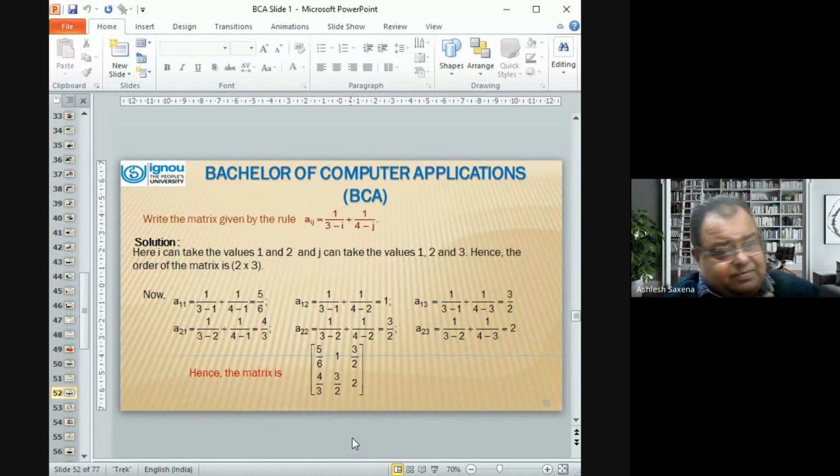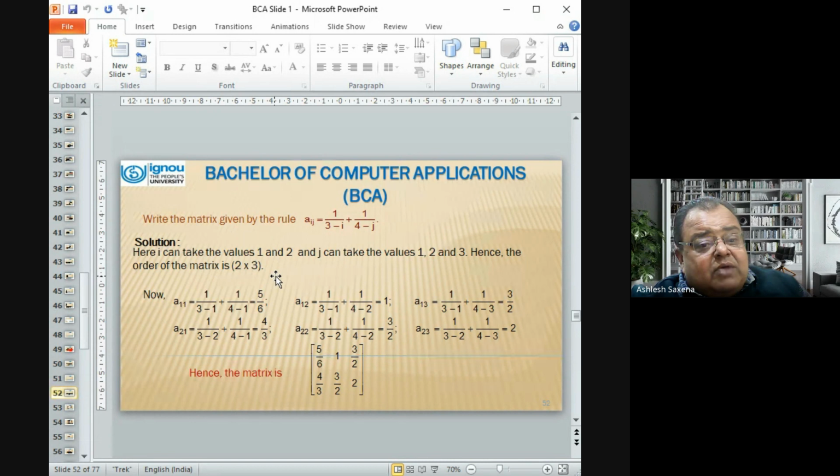Is that clear? Write the values of i and j in this and you will get 5 by 6. Similarly, for 1, 2, because there will be 2 rows and 3 columns.